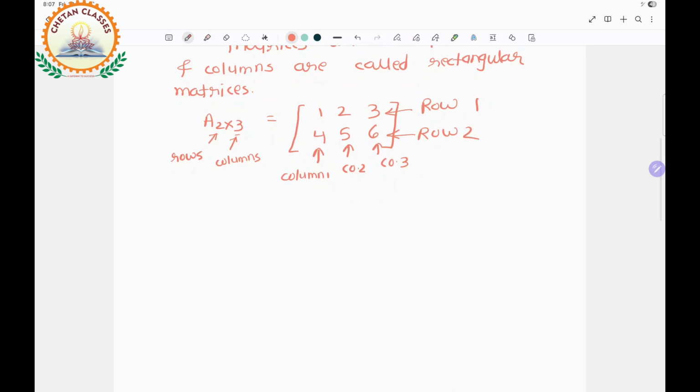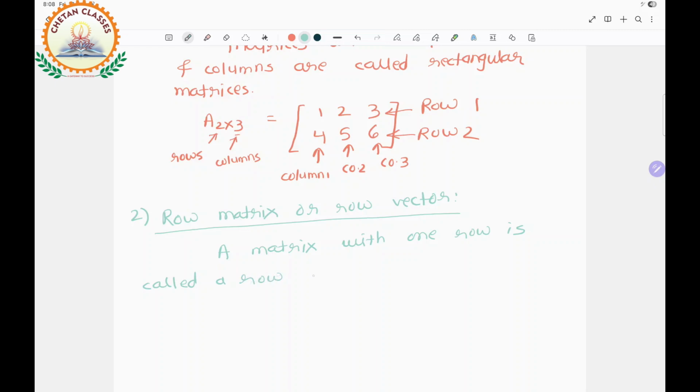Next, row matrix or row vector. So definition: a matrix with one row is called a row matrix or row vector.